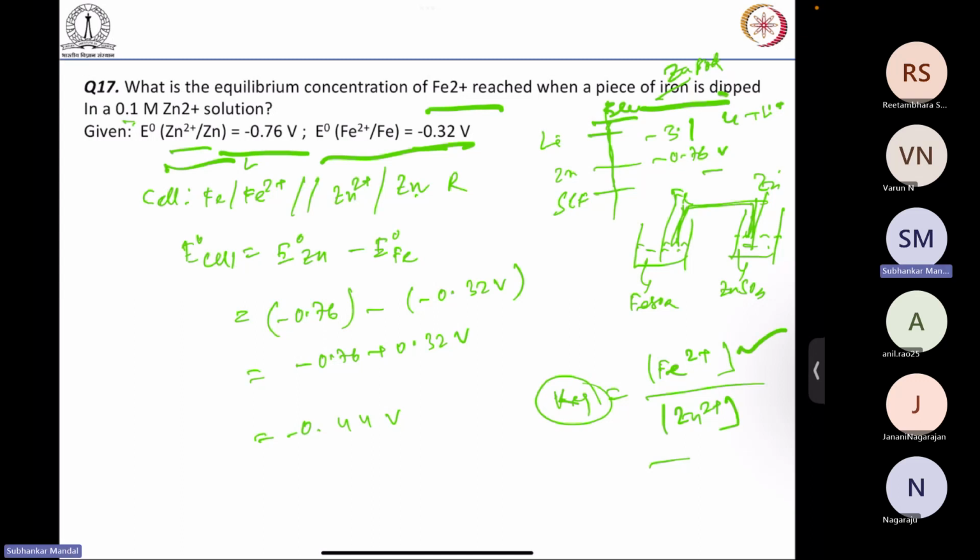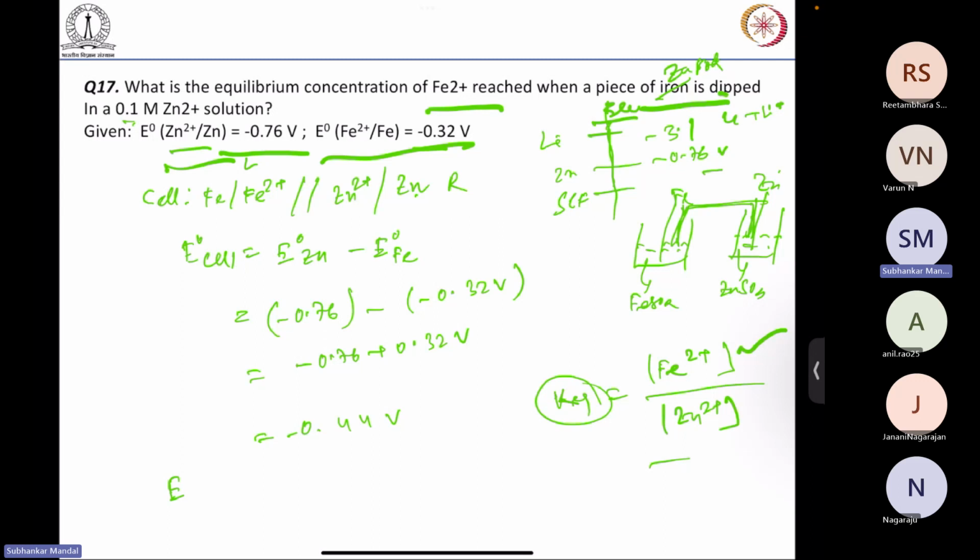Hello, sir. Zinc is the anode here. Zinc is anode, iron is cathode. So it should be minus 0.32 minus of minus 0.76, because the electrode potential of zinc is minus 0.76. This is the least one, so it is an anode, and iron is the cathode here.